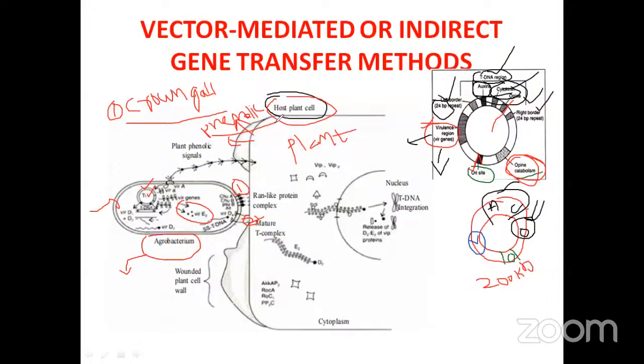These signals result in a sequence of biochemical events in Agrobacterium that ultimately help in transfer of the tDNA of the plasmid. When the plant gets wounded or injured, it immediately releases phenolics and sugars. Through this phenolic and sugar, the soil-borne bacterium, mainly Agrobacterium, gets attracted towards the plant cell.